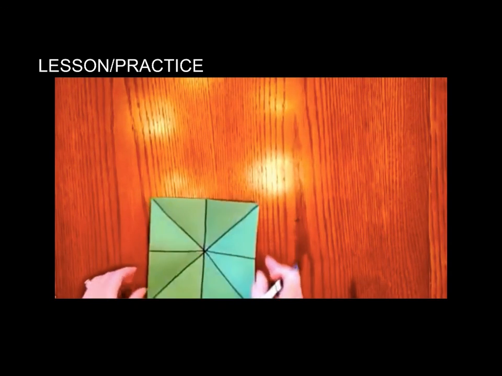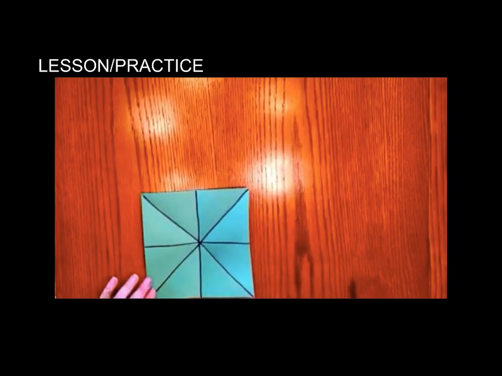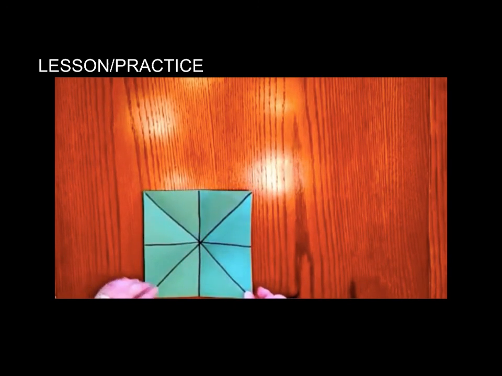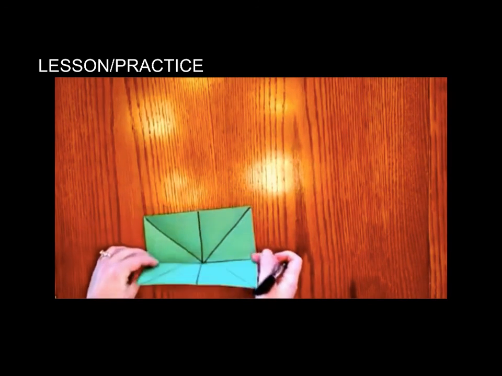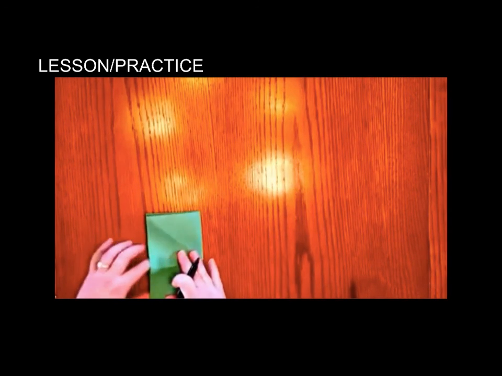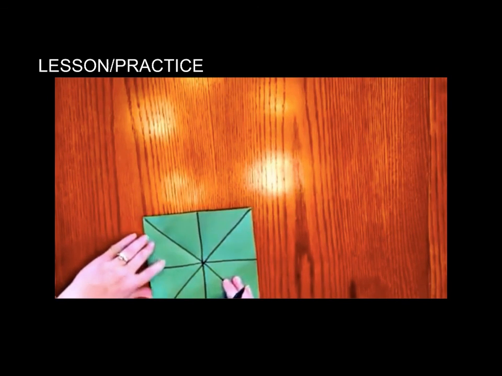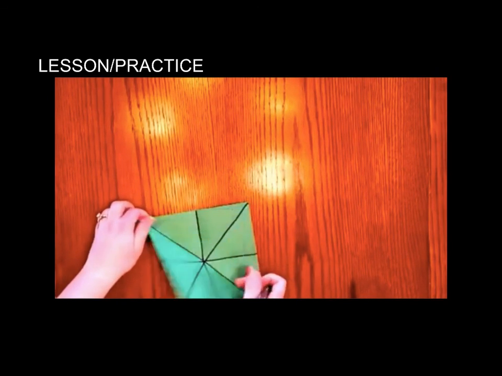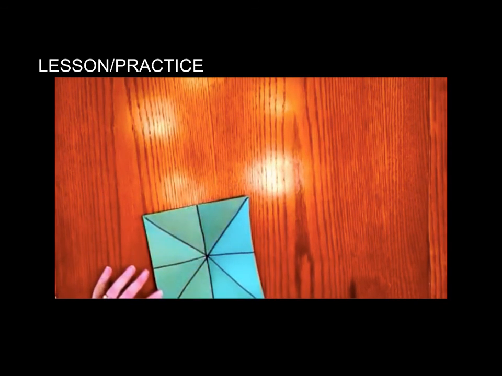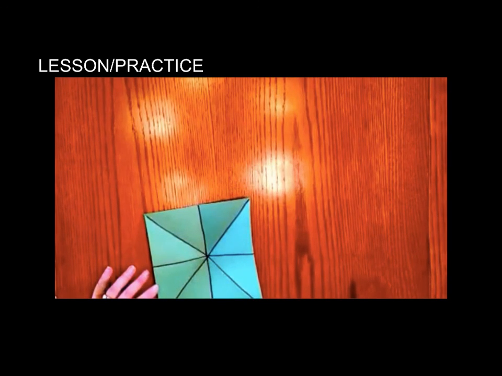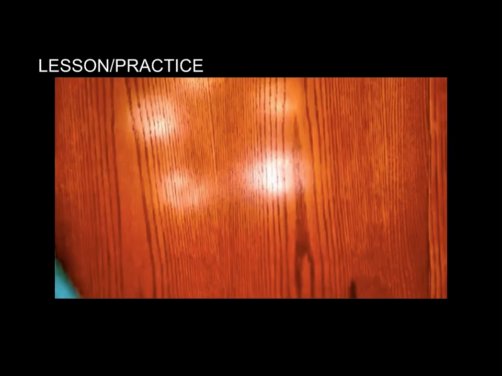Then the almighty square, I already did that one, but I actually measured this to make sure it was a square, made sure I had all my sides the same length. But as you can see, I'm able to fold it this direction, and I can fold the diagonals. So I end up with 1, 2, 3, 4 lines of symmetry for a square.